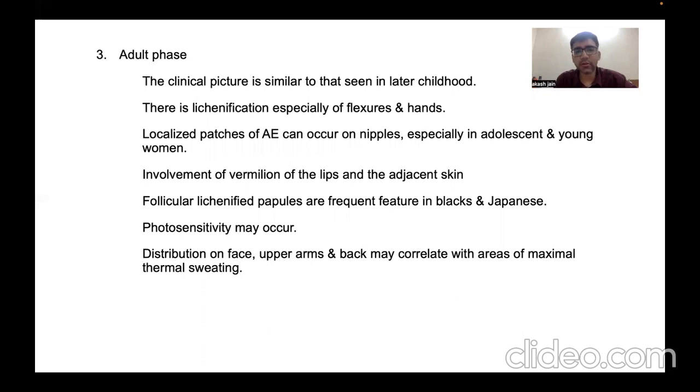Involvement of the vermilion border of the lips and the adjacent skin can occur. Follicular lichenified papules are a frequent feature in blacks and Japanese. Photosensitivity may occur. Distribution on the face, forearms, and back may correlate with areas of maximum thermal sweating. So these are the clinical features of the adult phase.